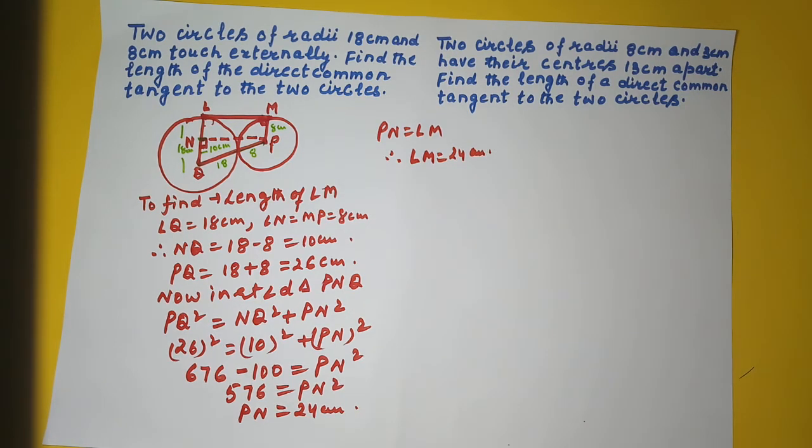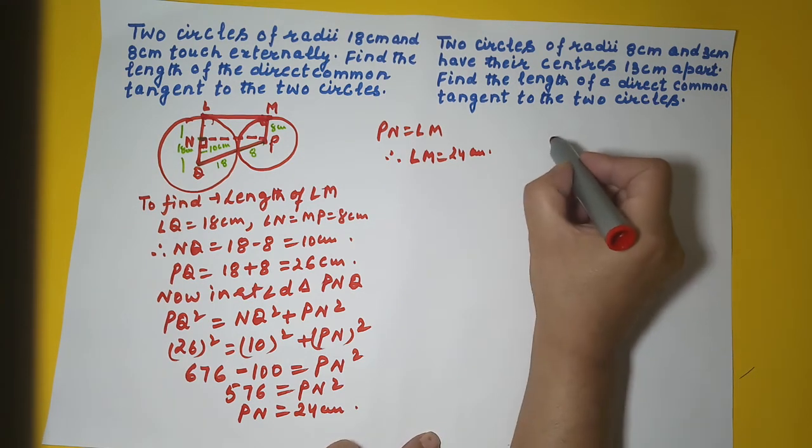Fine? Okay. Now, the similar question we have here. He's saying that two circles of radii 3 centimeter and 8 centimeter have their centers 13 centimeters apart. Okay. So this time they are not touching.